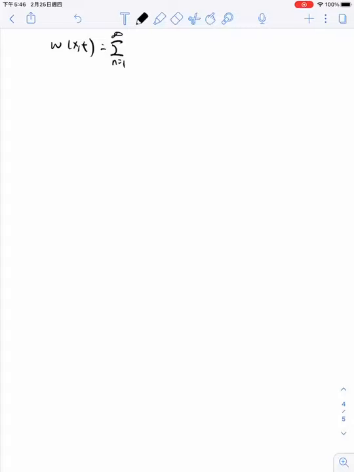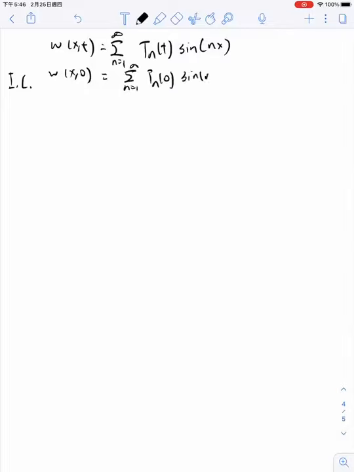Again, we let, because we didn't solve the temporal part before, T_n represent it. And the eigenfunction for the spatial part is psi_n(x) here. If we substitute the initial condition, this part is equal to this, which is equal to 0.